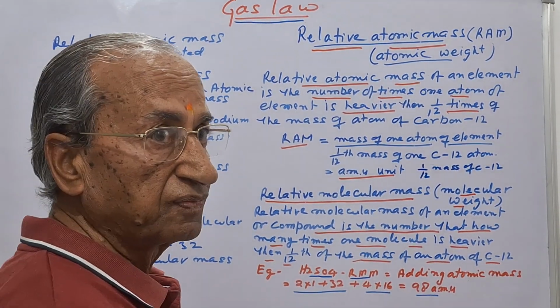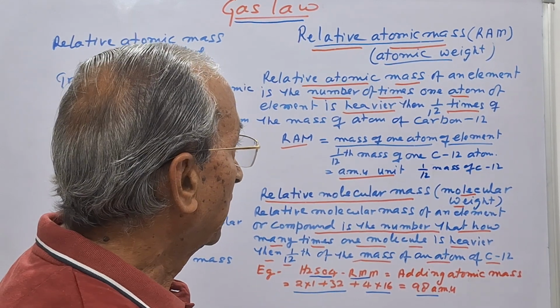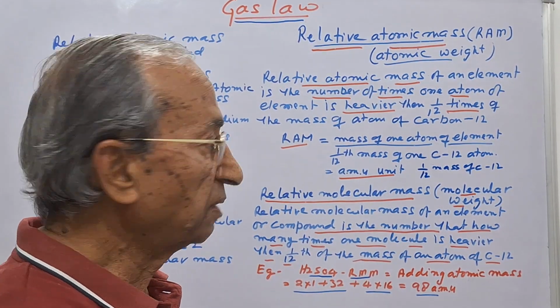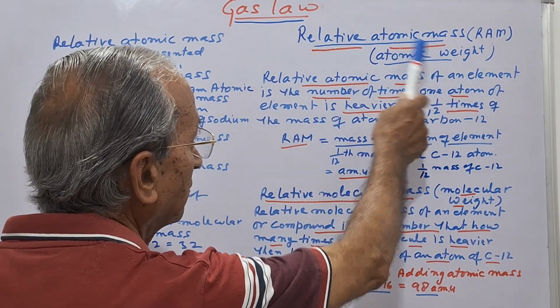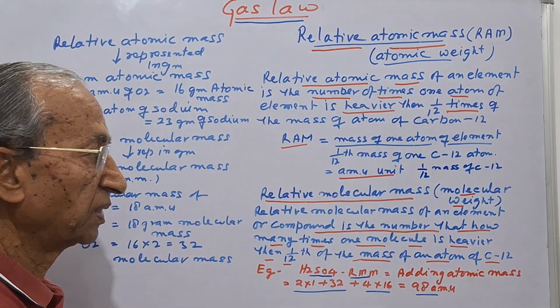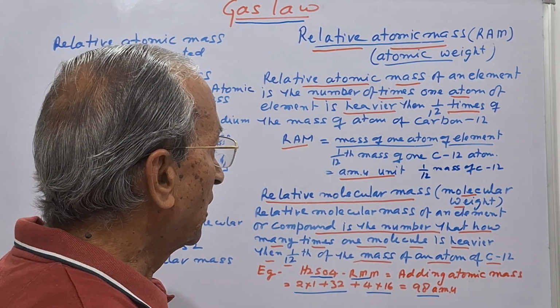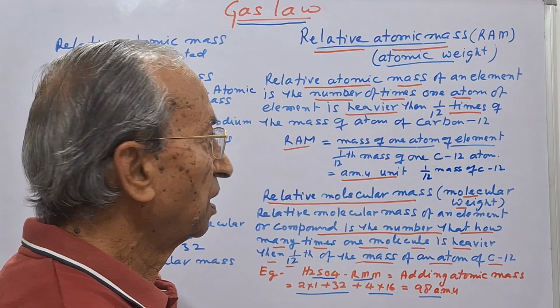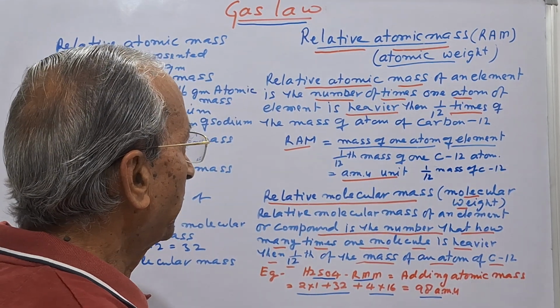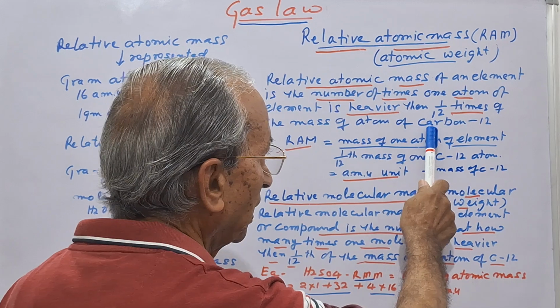First, it was found that hydrogen is the least one, the smallest atom, so we can compare the atomic mass with hydrogen. But later on it was found that carbon 12 is convenient for us to compare the atomic mass of the element to.